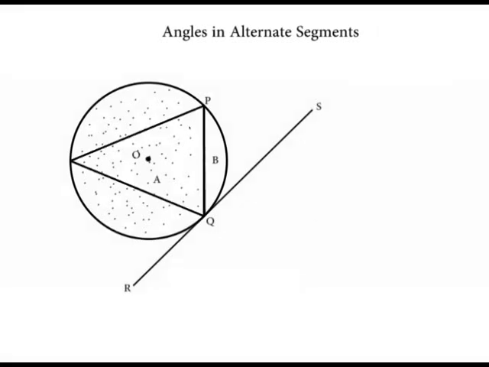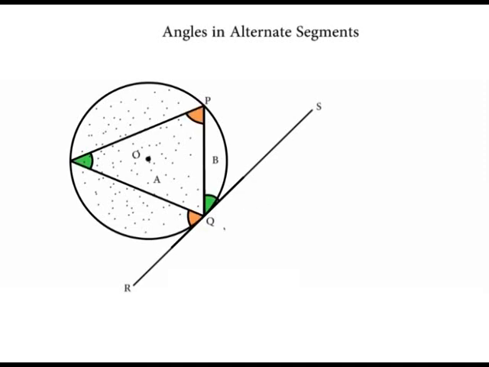In this rule, we have a circumscribed triangle. That tangent touches the circle at the exact same point where one vertex of the triangle is. The rule says that the angle between the tangent and one line of the triangle will be equal to the opposite interior angle of the triangle, which means this angle down here will be equal to this opposite interior angle.